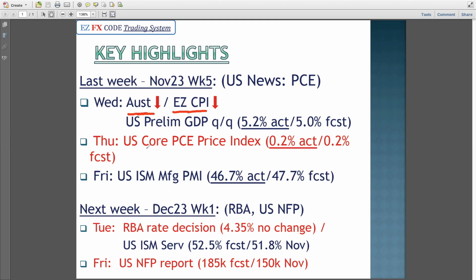Similarly, for the US, the core PCE price index has remained fairly constant over the last few months, between 0.2 and 0.3%. And this is still a concern for inflation.